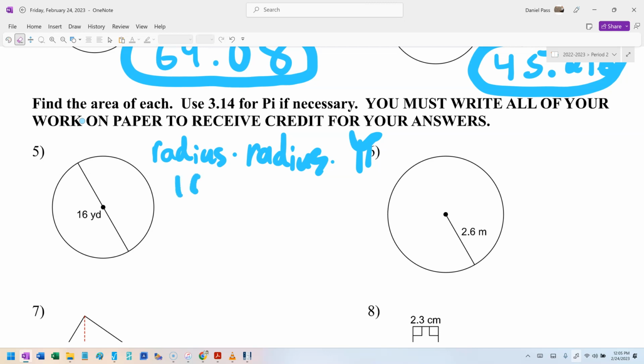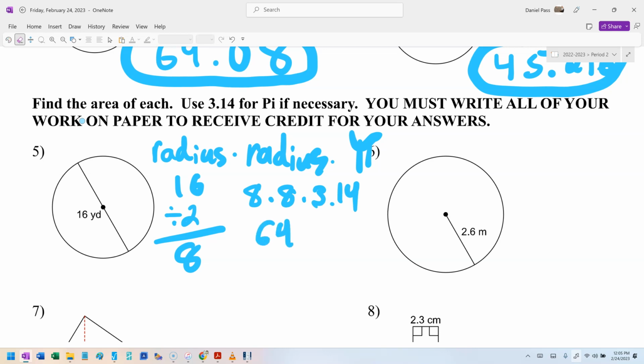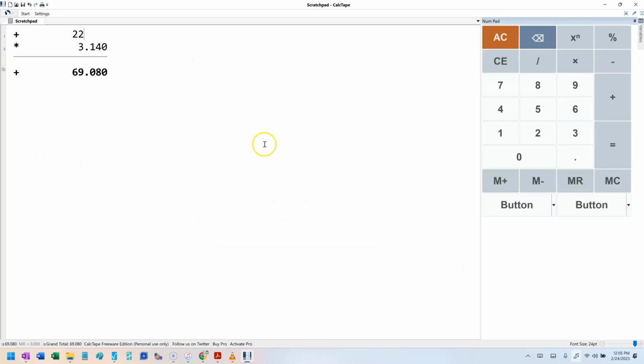Divide by 2. So we go 16 divided by 2 is 8, right? Now we do 8 times 8 times pi, times 3.14. So that means 64 times 3.14. What did you get on that one? 200.96. Yep. All right. There we go.